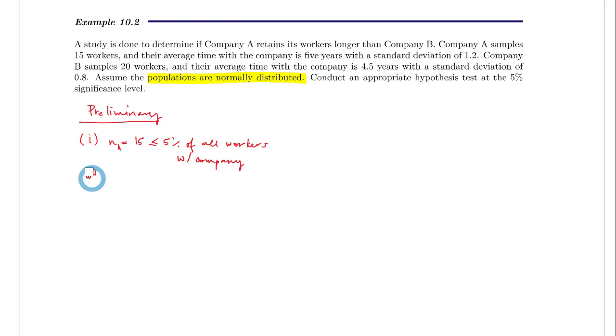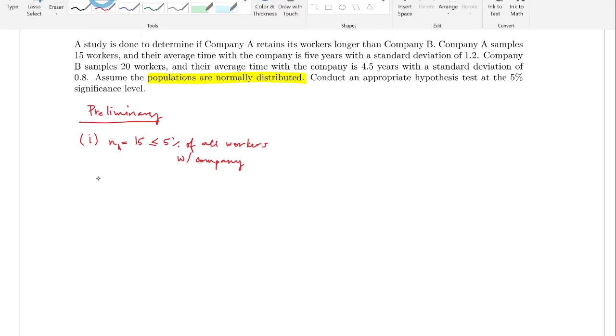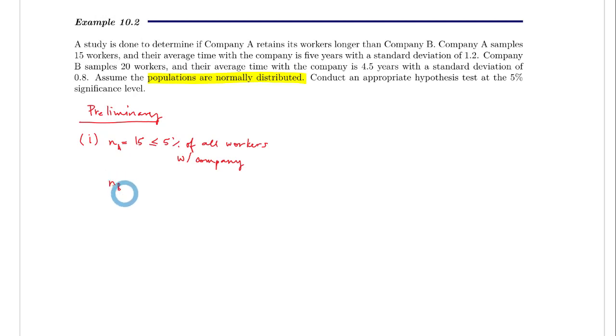So for company B, we need to make sure that the sample size n sub B, which is 20 workers, is no more than 5% of all workers at company B. What's nice about this one is that it tells us our samples are independent.